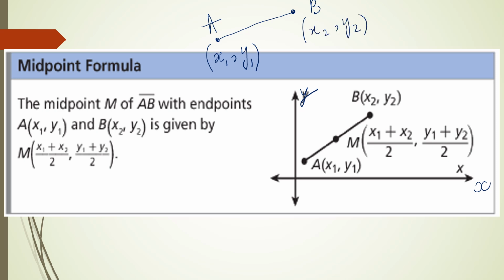In order to find the midpoint, take the average of the first coordinates and the average of the second coordinates simultaneously. So the x coordinate will be x1 plus x2 divided by 2. And the y coordinate will be y1 plus y2 divided by 2. So memorize this formula and use it in order to find the midpoint in a coordinate plane where the x and the y values of the line segment are given.